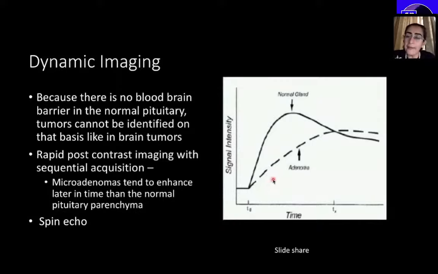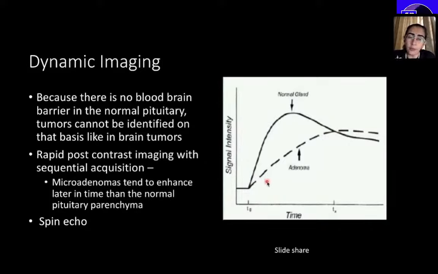But in the early phase of enhancement, while the pituitary gland will enhance brilliantly immediately, the adenoma will take some time to enhance and will tend to enhance later than the normal pituitary parenchyma. Hence, we may be able to pick up the delayed-enhancing adenoma on the dynamic imaging much better than on the delayed post-contrast scan, when the entire gland, including the adenoma, will enhance uniformly.